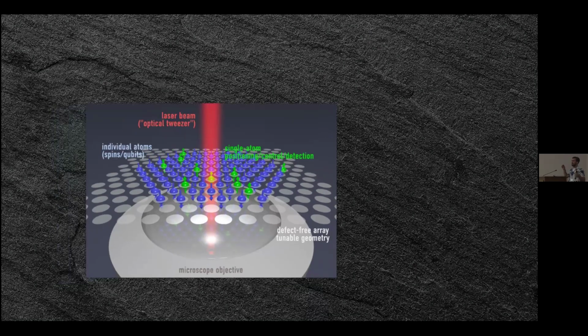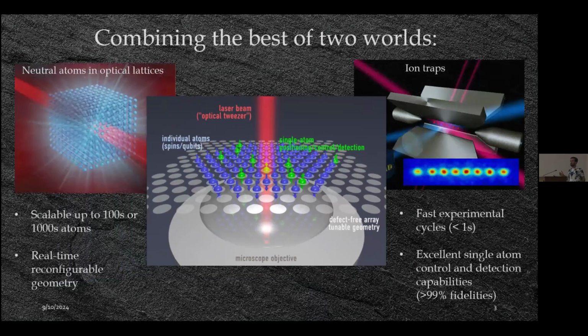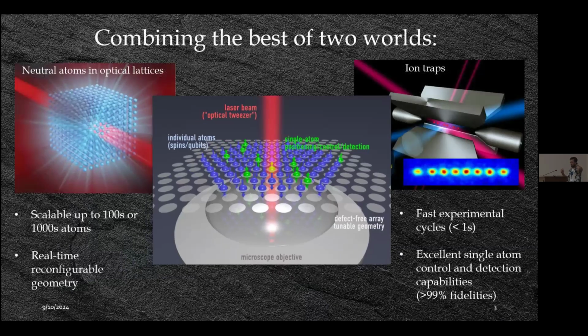So what is the idea behind our purpose? Essentially, what we want to do is to combine the best features of two different worlds. On one hand, we have neutral atoms in optical lattices that are well known to be scalable up to a huge number of atoms.